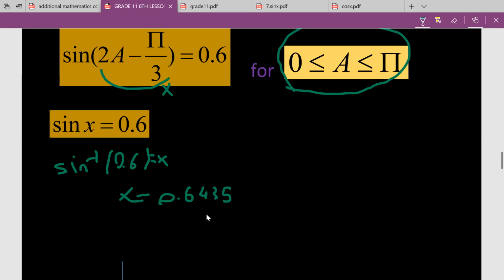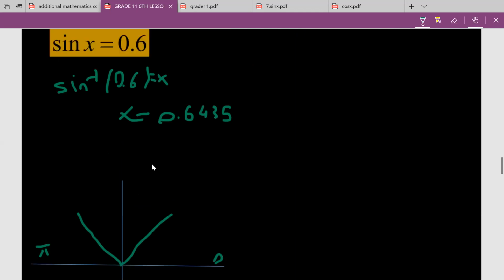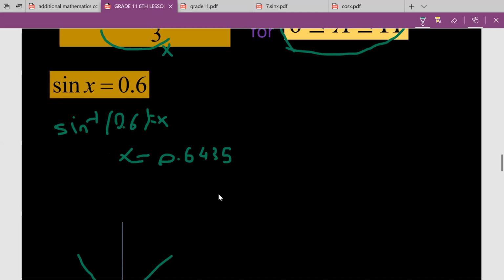So our value is positive. Our values will be between 0 and 180, or 0 and pi, in the first and second quadrants, because sine values in the first and second quadrants are positive values.